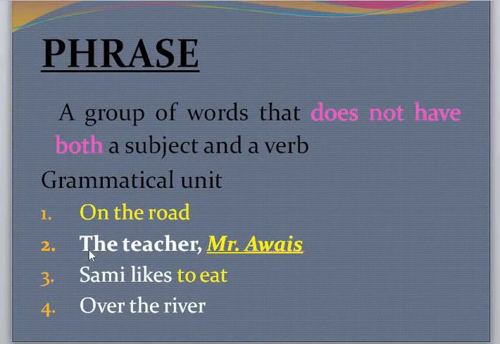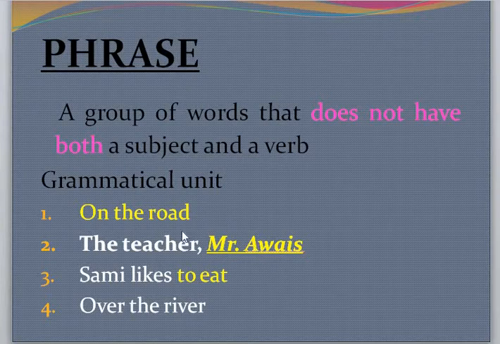So in the second example you can see: the teacher Mr. Awaz. Here Mr. Awaz is the name. It's a phrase, right? In the third example you can see: Sunny likes to eat. So to eat is a phrase in this sentence, and over the river is also a phrase.